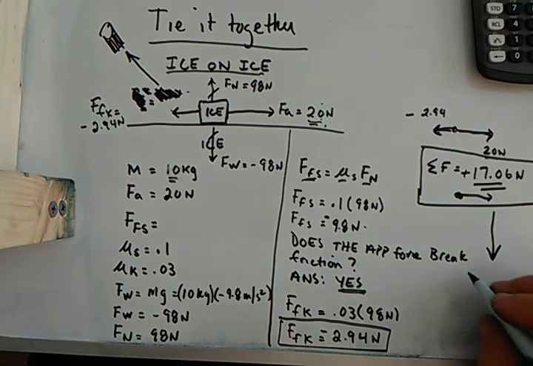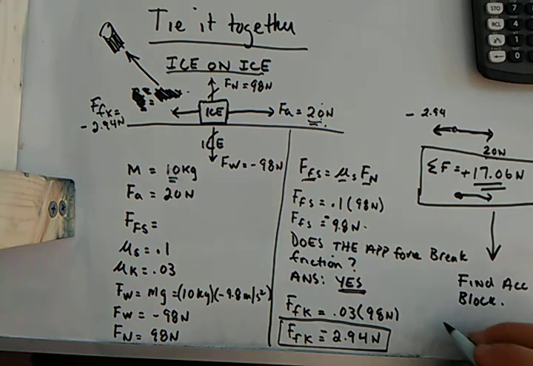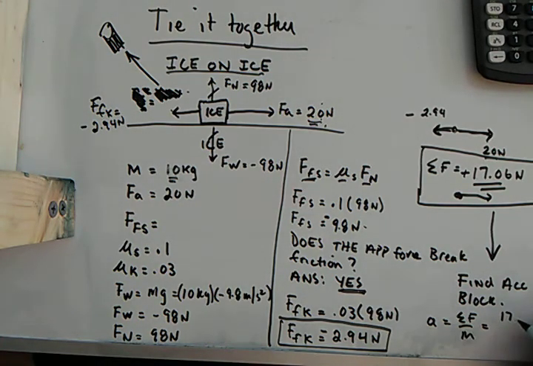Okay, now find the acceleration of the block. Okay, find the acceleration of the block. Well, we know that a is net force over mass. So we've got a net force of 17.06 newtons.